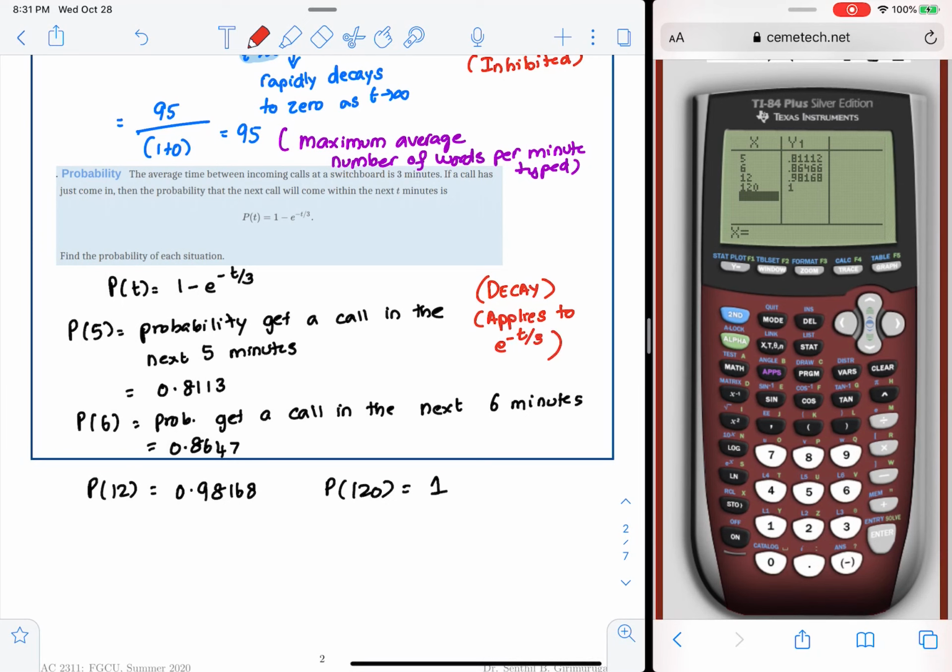So that part is going to decay with respect to time, but keep in mind there is a 1 here, and you're taking away a decaying value that is decaying towards 0 from 1, which is why we end up getting 1 as the limiting value.